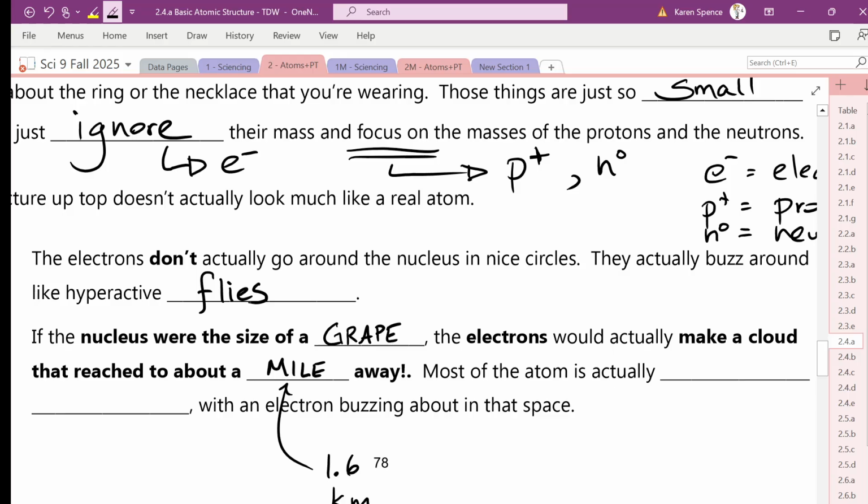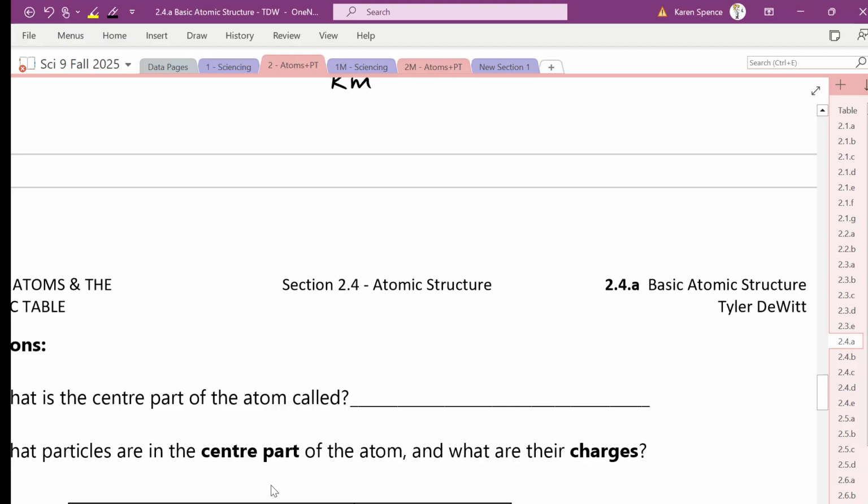Kilometer and a half, yeah. Most of the atom is actually, what was it? Empty space. But that empty space contains electrons that are buzzing around in that empty space. So one moment they're here, the next moment they're there in that empty space.